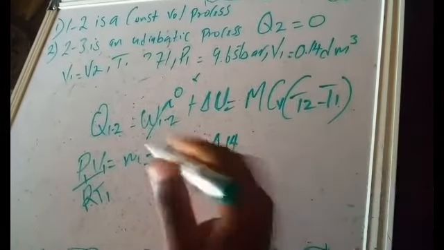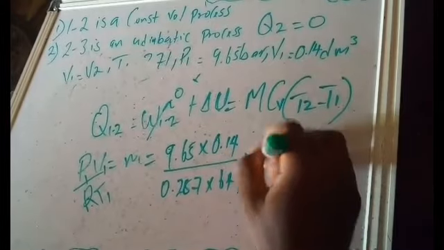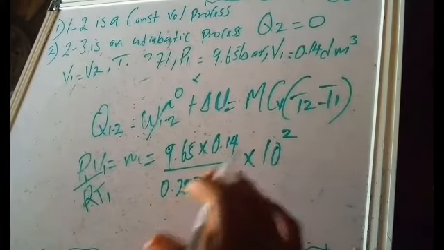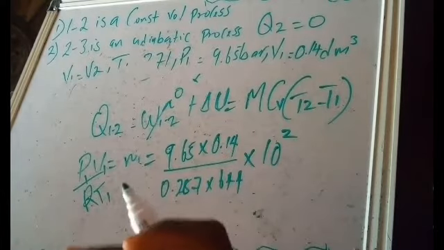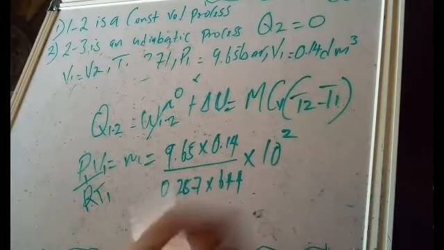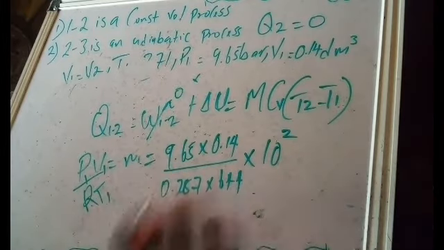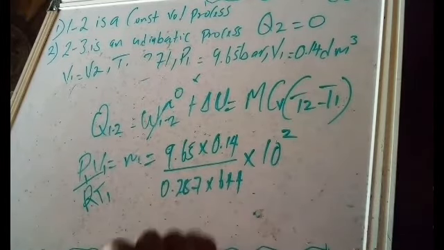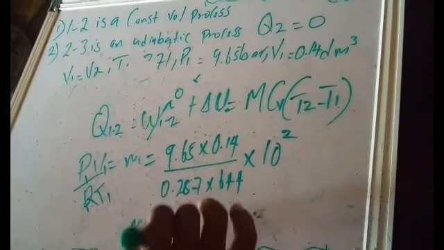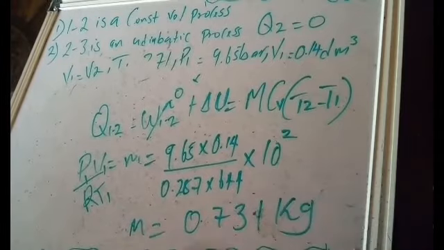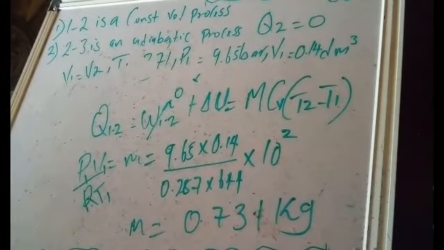This is in Kelvin now. We multiply by 10 to the power 2 to give us the answer in kilograms, because otherwise it would give us grams. So our m becomes 0.731 kilogram.